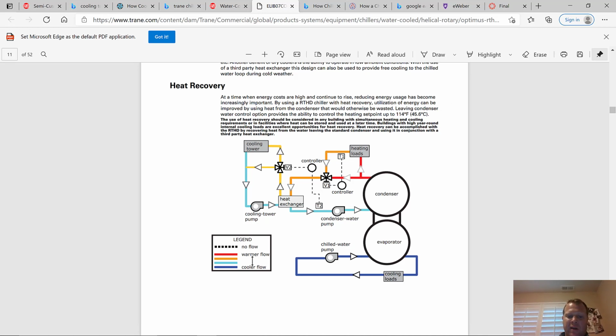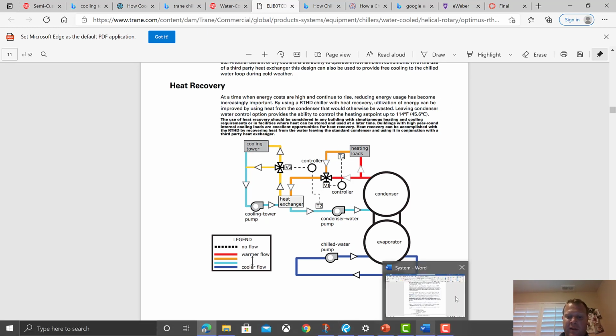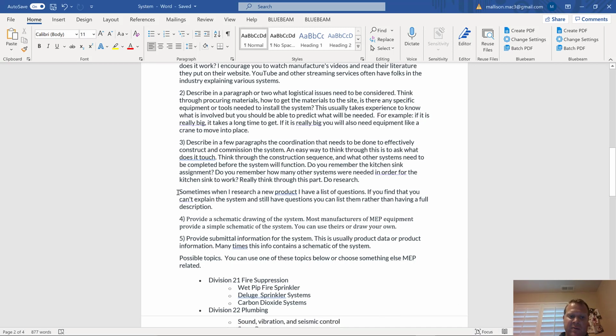So if I was to describe what I want in the literature, I would say I also read in the literature that there's a supplementary side of the heating load that you can use for the condensing side of the chiller, which I don't quite understand.